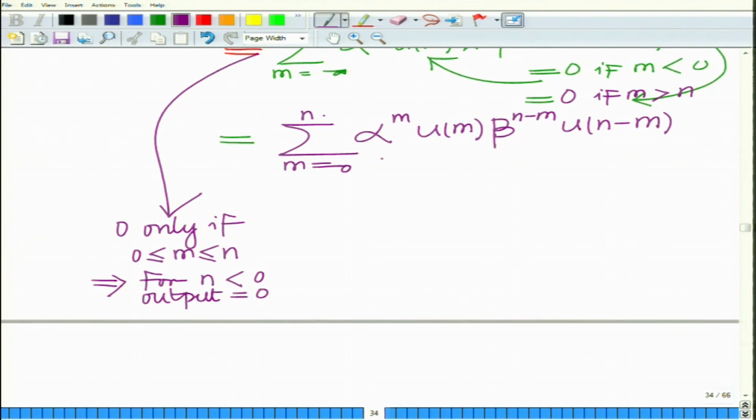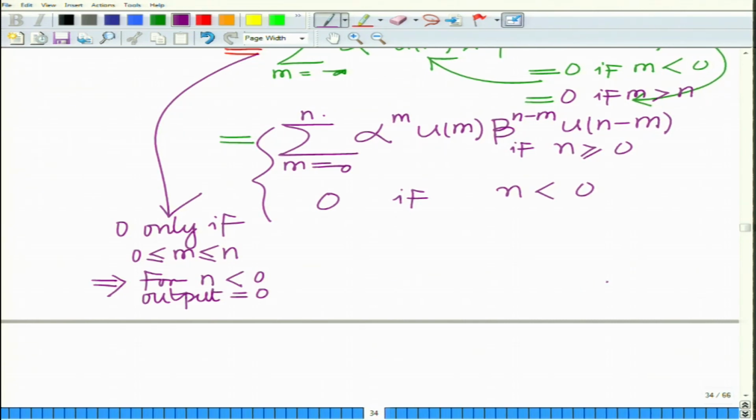So, this is the summation from 0 to n if n is greater than or equal to 0, and if n is less than 0, then this is naturally 0.